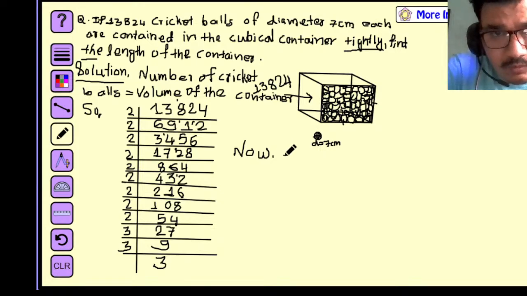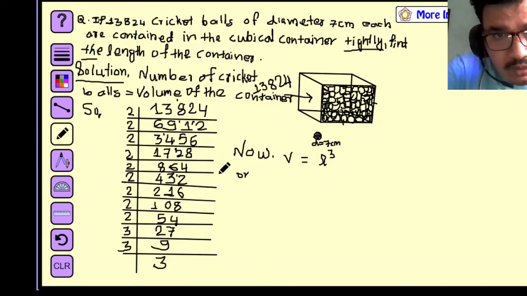Then if you write the volume, volume equals, we know, the volume of a cubical container is L cube. Then when you cancel this, volume of the container and number of the cricket balls are equal.